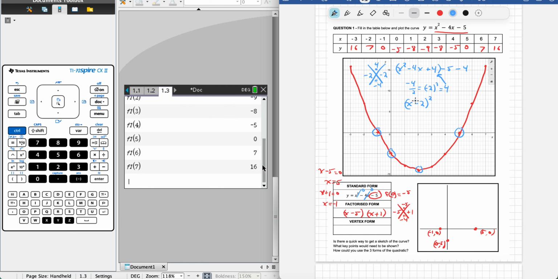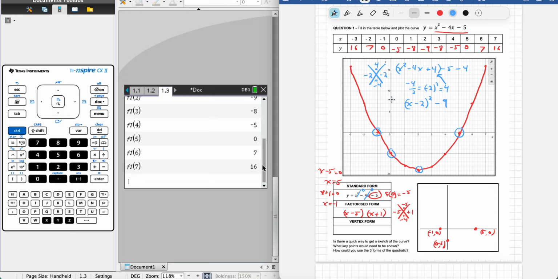If I expand this out, x minus 2, that would be x squared minus 2x, so minus 4x. And negative 2 times negative 2 would be positive 4, so I would get exactly what I have up here in my parentheses. And then I have minus 5 and minus 4, so that would be minus 9 at the end there.